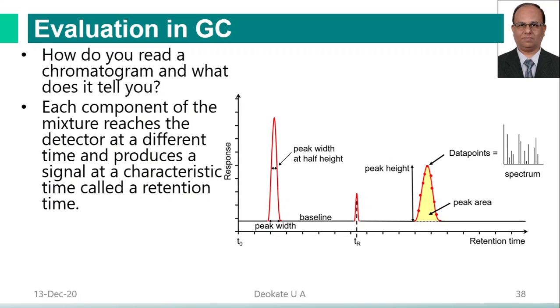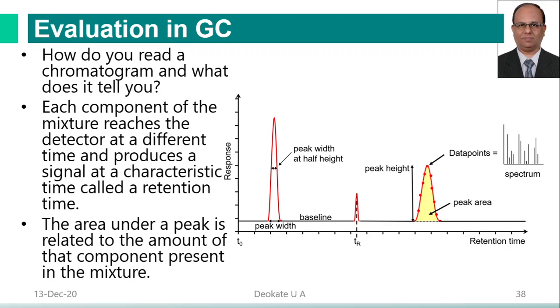Each component of a mixture reaches the detector at a different time and produces a signal at a characteristic time called the retention time that we are measuring in your gas chromatogram. The area under a peak is related to the amount of that component present in the mixture.